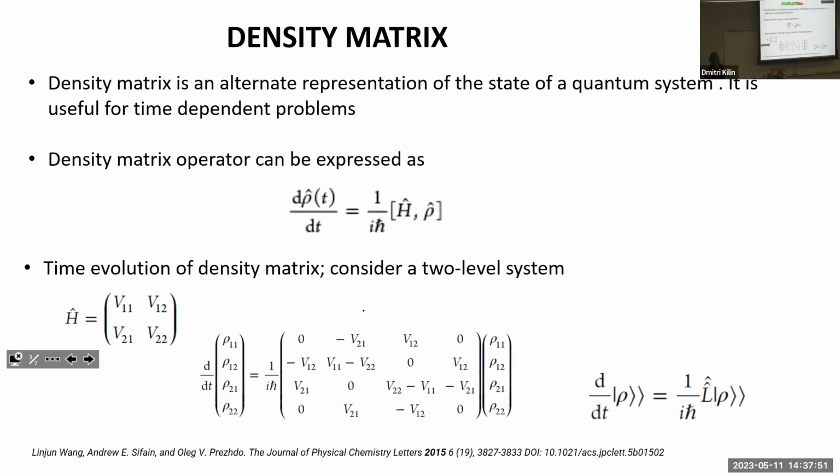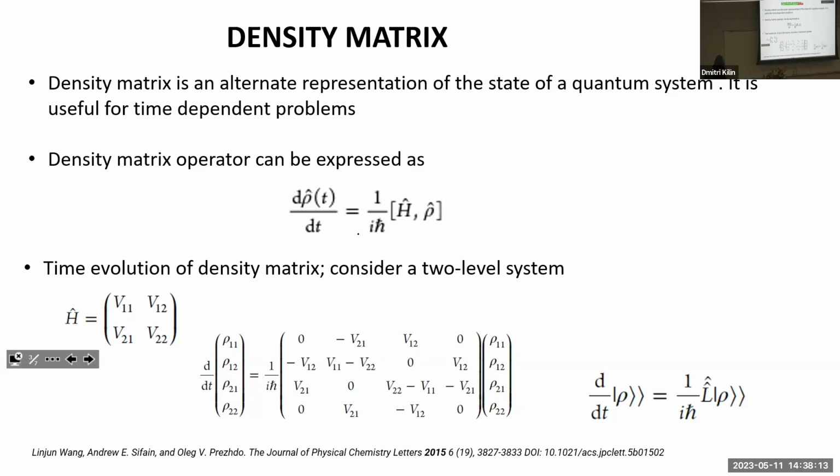So the density matrix is just a different form of describing the state of a quantum system, and it's useful for time-dependent problems like relaxation.